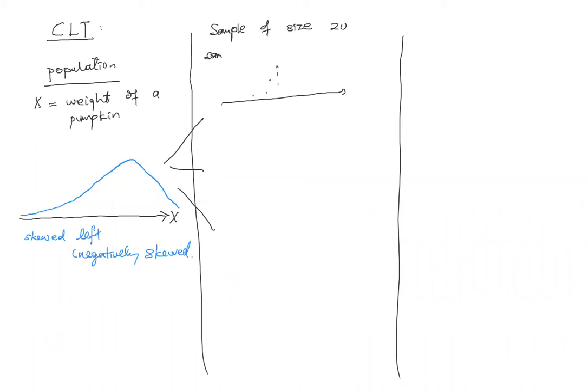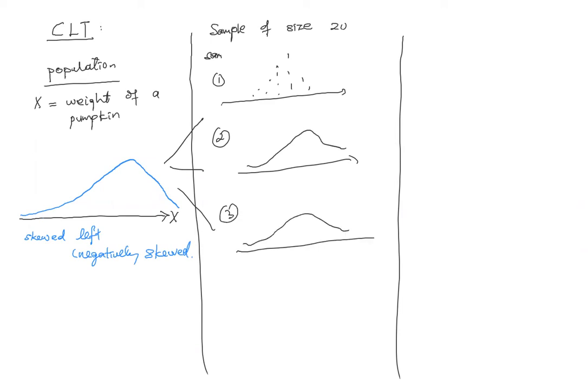This is sample number 1, then I have sample number 2, which may look like that, then sample number 3, many of them. From each of these samples, I calculate the sample mean.